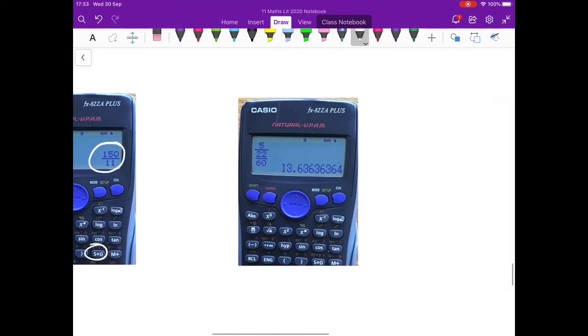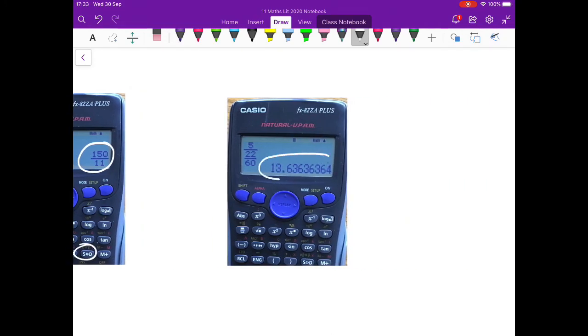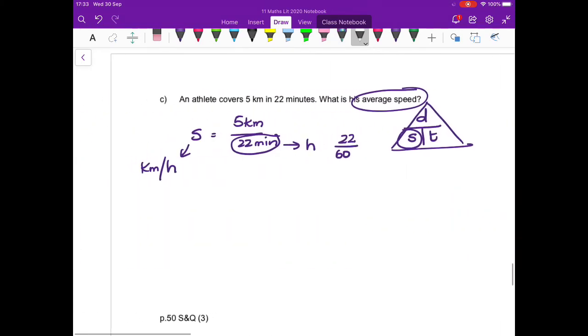Press the SD button, and you will get 13.6363. I would round it off to 1 or 2 decimal places. Let's round off to 1. Look at the neighbor. So rounded off is 13.6 kilometers per hour.